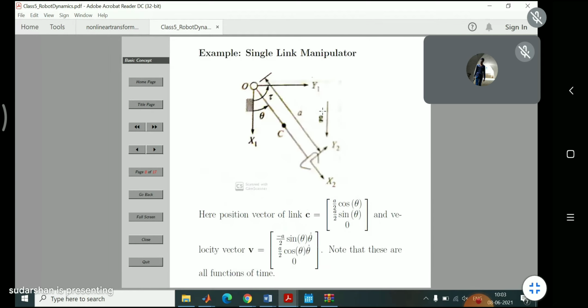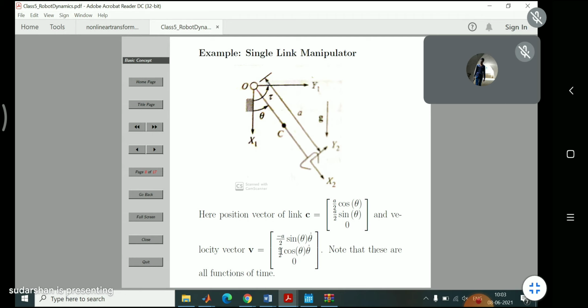So first we have m times v transpose v. This is the velocity vector, so v transpose v is the inner product of v with itself. What it will be is a square by 4 sin square theta times theta dot whole square plus a square by 4 cos square theta times theta dot whole square.